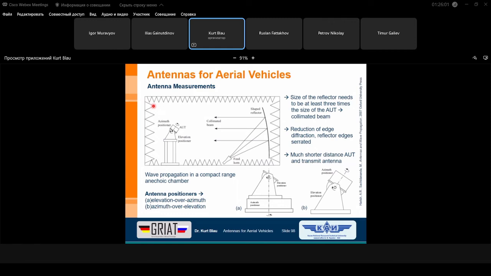These pyramids consist of a special material. It's a foam-like material filled with particles of ferrite material and very small carbon particles. The carbon particles and ferrite particles are mixed in a special relation to each other, and the foam is from, I don't know, plastic material or whatever.